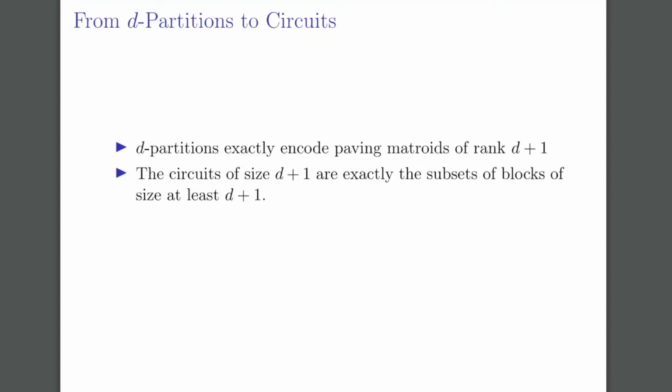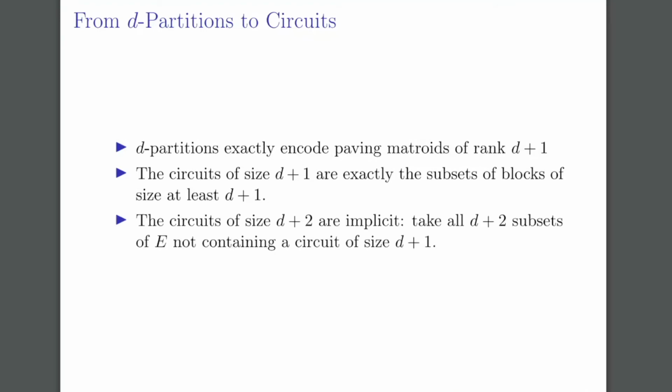So I go block by block, I take all of the subsets of each block of size d+1, and those give me my circuits of size d+1 of my paving matroid. But I also need some circuits of size d+2. It turns out these are implicit from the ones of size d+1, because I can just fill them in, since d+2 is the maximal size of a circuit. So I take all the d+2 subsets of my set E that don't already contain a circuit of size d+1. And this is how I can construct my matroid.